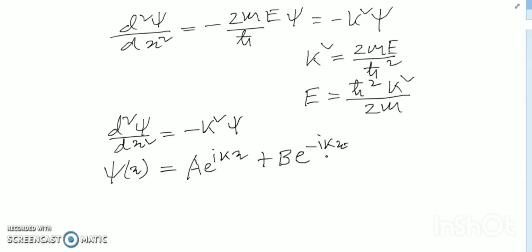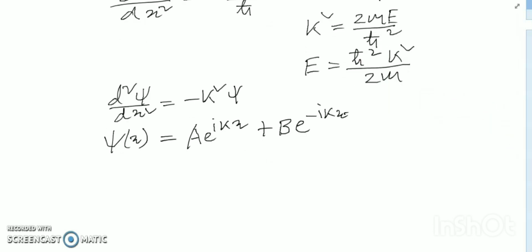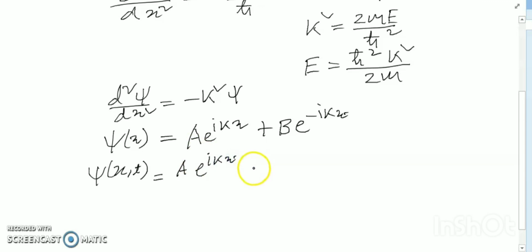Okay, so when it is psi of x, it can be written as psi of x comma t, a e to the power ikx and e to the power minus iEt divided by h bar, where h bar is the reduced Planck constant.